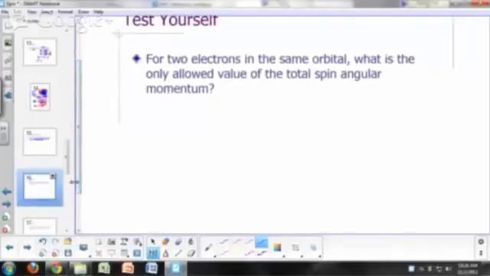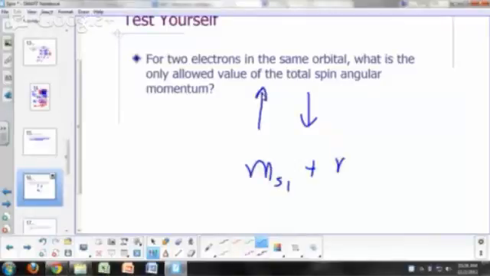So for 2 electrons in the same orbital, what's the only allowed value of a spin angular momentum then, if that's the case? If one is spin up, the other has to be spin down. What's the possible sum of m sub s of electron 1 plus m sub s of electron 2? 0.